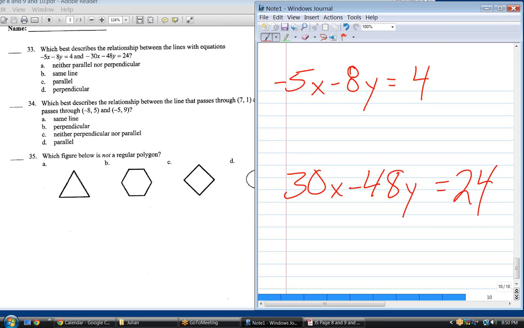However, before we do that, notice something about these two equations. No, my mistake, forget that. I was going to say the second equation looks like a multiple of the first equation.